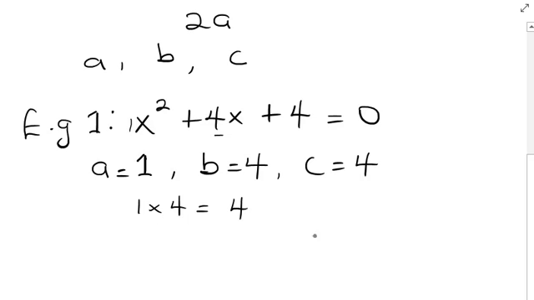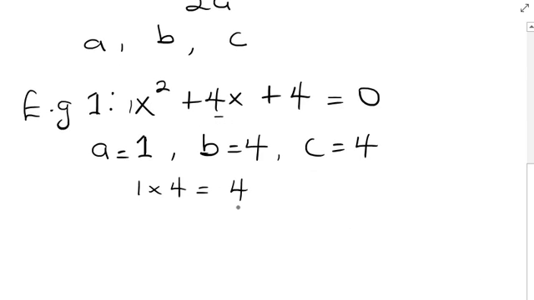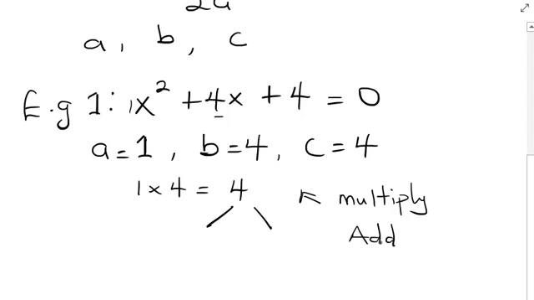So I now have to think about what numbers I can multiply to give me the 4 up here, and when I add them, gives me the b. When I multiply, it gives me the c. When I add, it gives me the b.